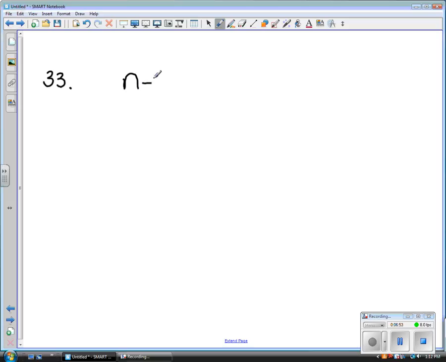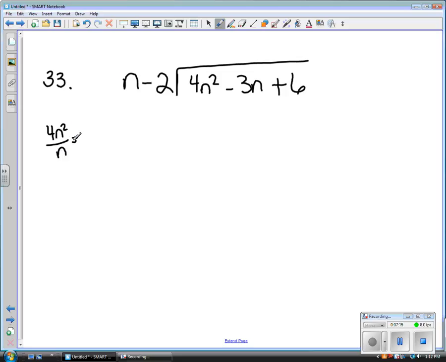33 is n minus 2 is going to divide into 4n squared minus 3n plus 6. First term divided by the first term on the outside, which would be what? So 4n squared divided by n, 4n. So it's a coefficient of 1, so I'm going to put it above this coefficient of 1.